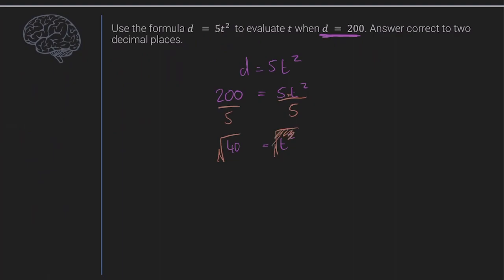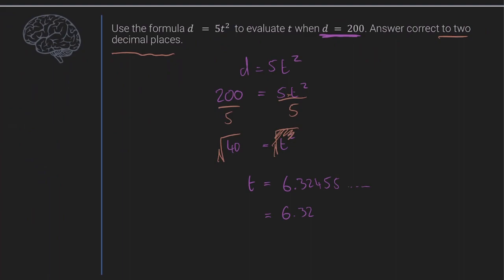We're asked to answer to 2 decimal places, so we are going to put this in our calculator and get the number out. T equals, remember when we're getting a number from our calculator that we intend to round, we're going to put in a few extra decimals first, and then we're going to round it off. And there we go. We've got the answer to this question.